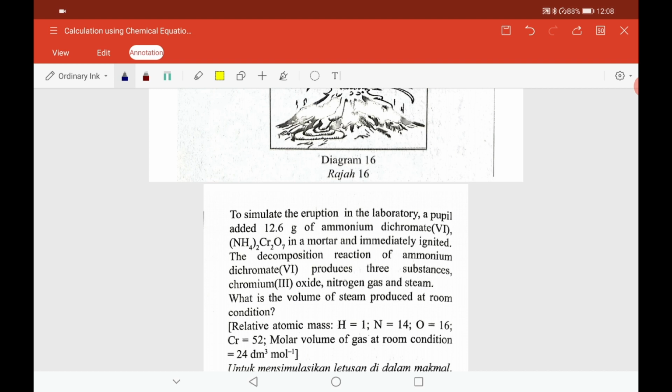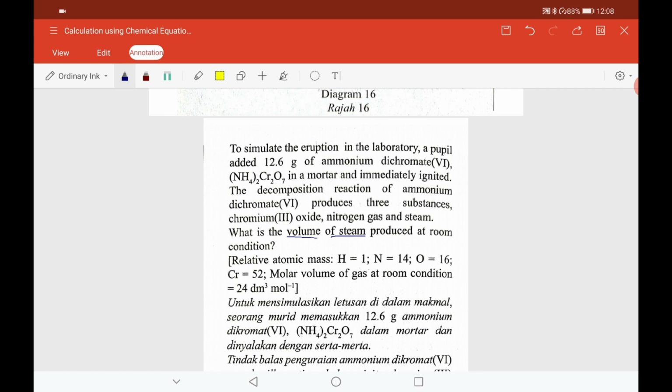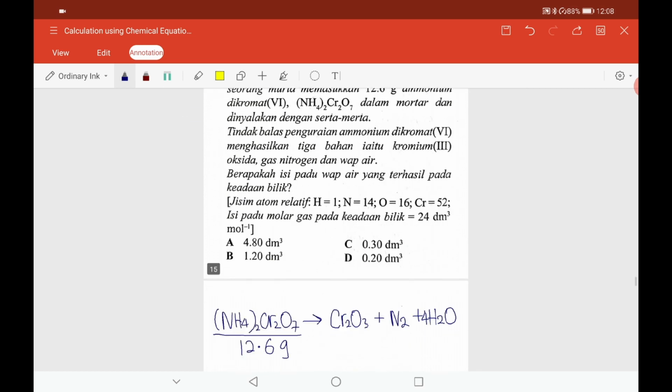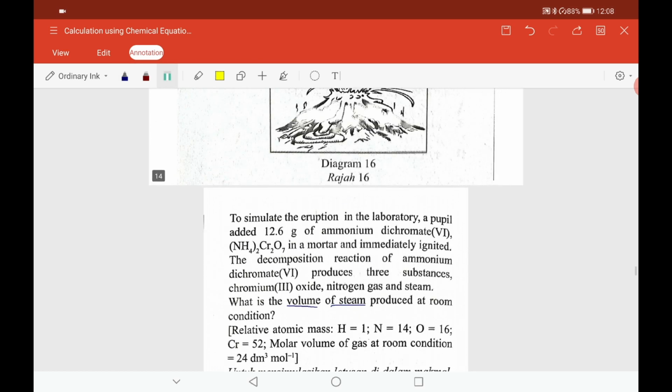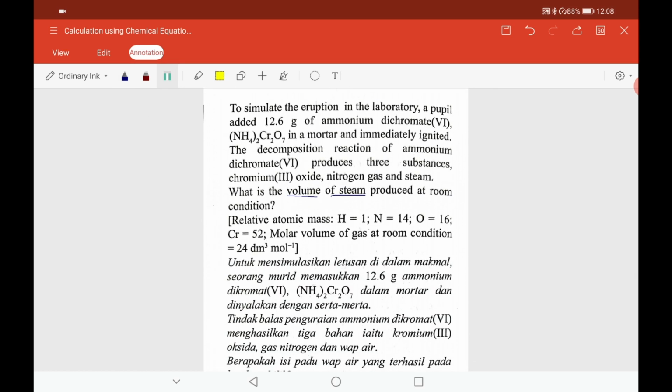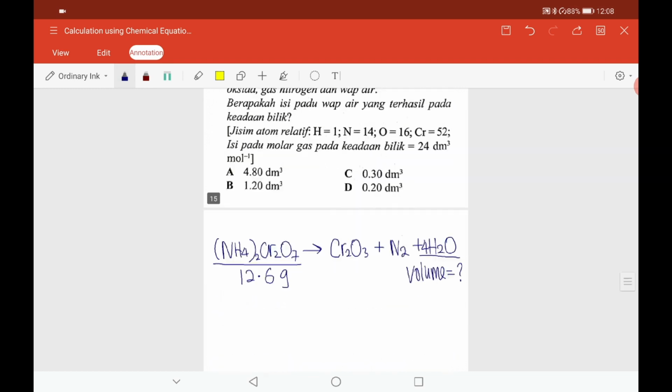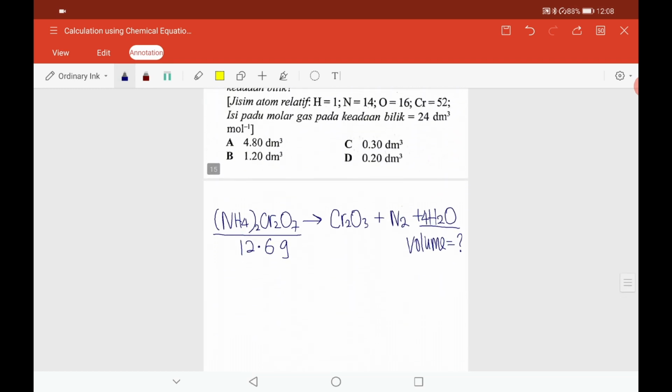We are looking for the volume of the steam. Steam is H2O, so we put volume and a question mark. Now we already know what we have and what we want. So first step, write a balanced chemical equation. Second step, ask ourselves what we have and what we want.